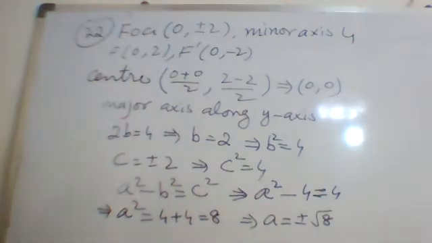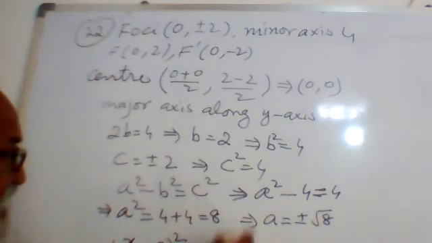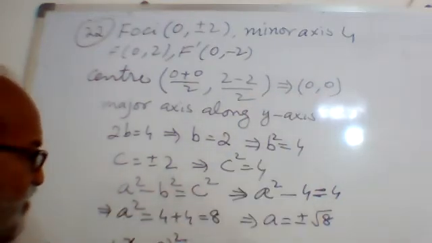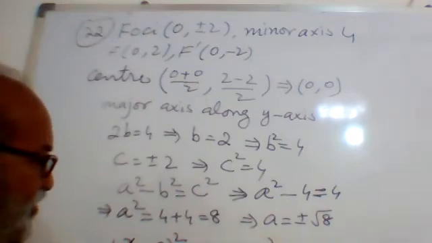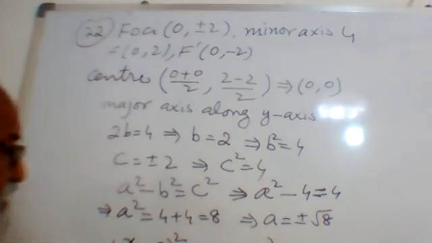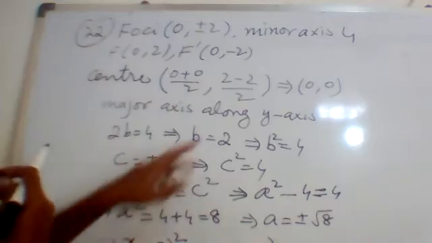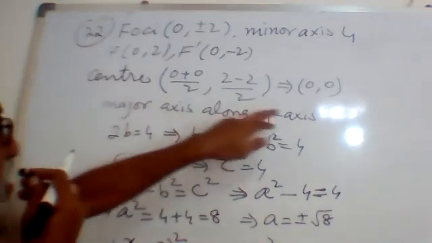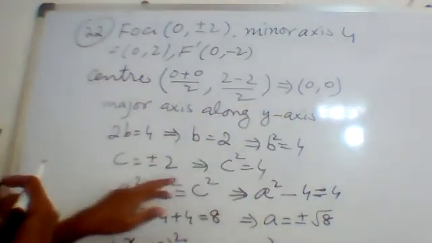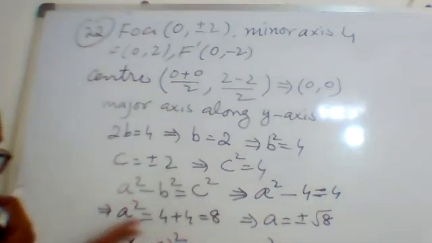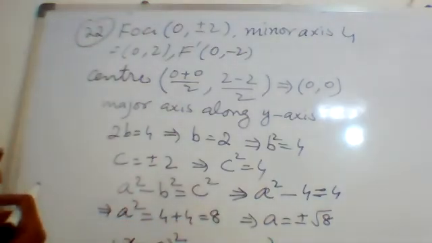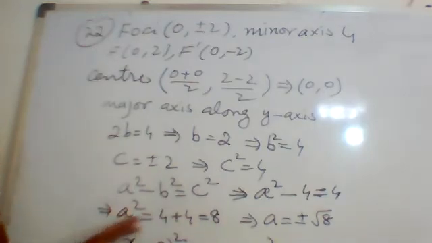Now write the formula: x minus 0 whole square upon, plus y minus 0, the center coordinates, whole square upon, equal to 1. Now the major axis is along the y axis, so a square will be written under y square. a square is 4 plus 4, 8.